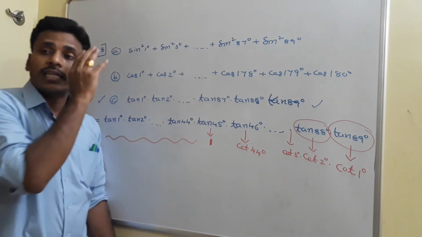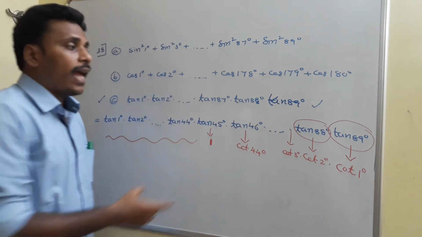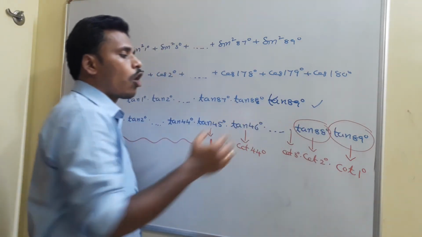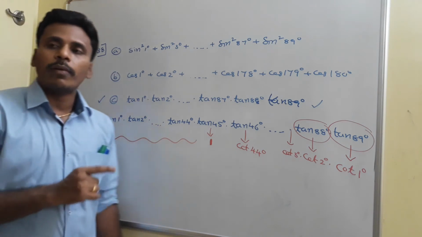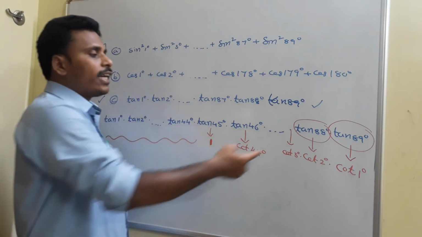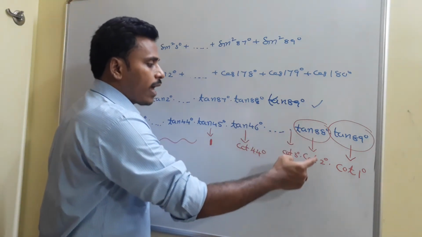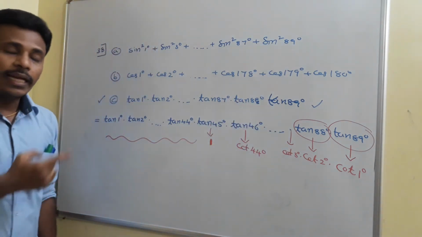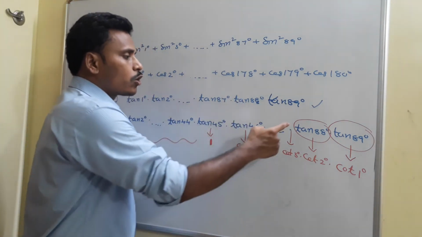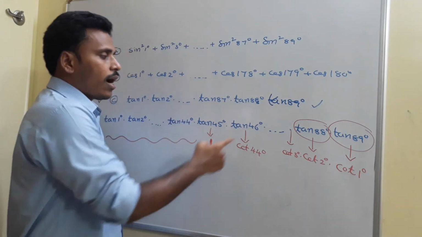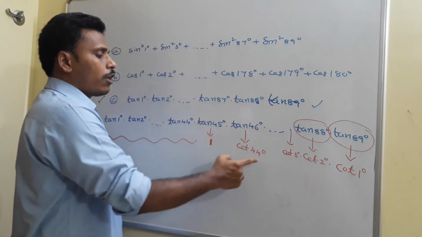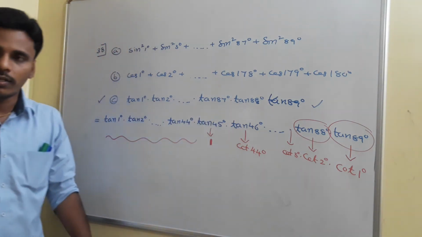And now if you look at the terms from the ending, tan 89 degrees is nothing but cot 1 degrees, because 89 plus 1 is 90. And 88 plus 2 is also 90, so tan 88 is cot 2. 87 and 3 is also 90, so tan 87 is cot 3. And then this tan 46 is cot 44, because 46 plus 44 is 90.